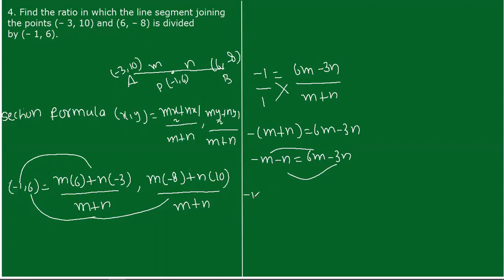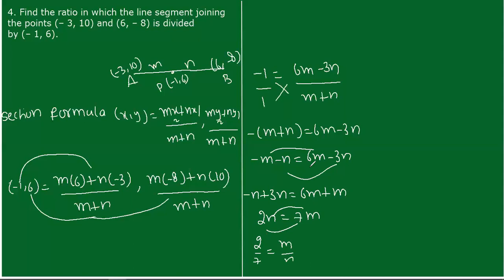So what happens? -n + 3n and 6m + m. So this becomes 2n is equal to 7m. So let's take n to here and 7 to here, so it becomes 2/7 is equal to m/n.